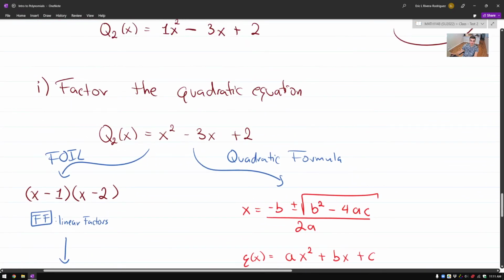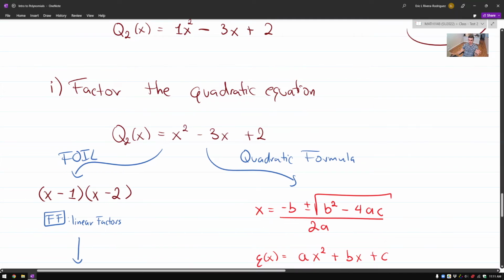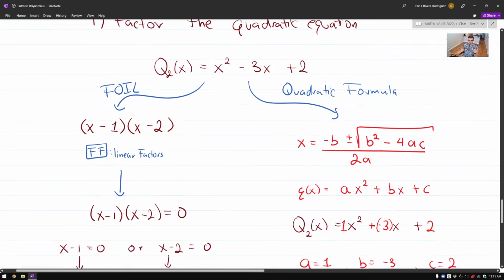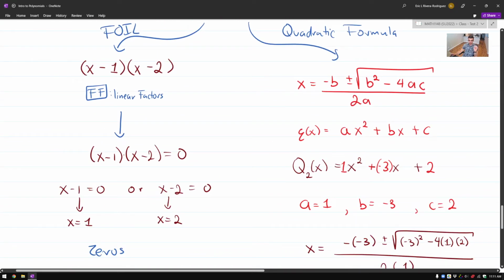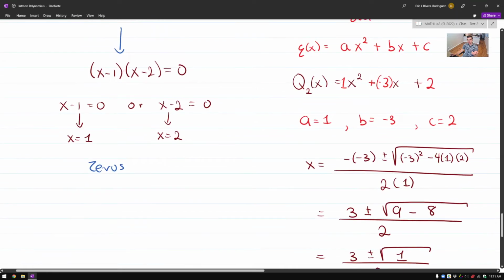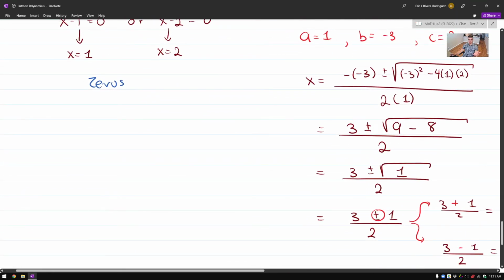Whenever we get a polynomial down to a degree of 2, you know that you have the FOIL method or the quadratic formula. You are going to do just one. You don't need to do both for the exercises. The FOIL method is the easiest one, but you need to practice. You need to know how to use the FOIL method. The quadratic formula gets complicated because sometimes it is very tedious.